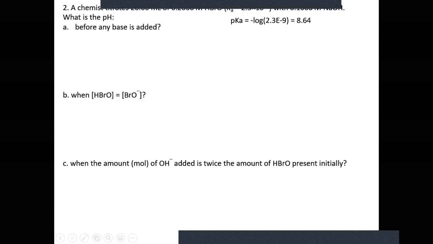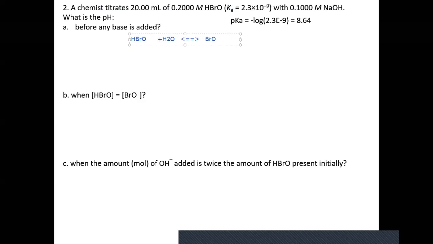Before any base is added, let's see, we're going to need this HBrO plus H2O in equilibrium with BrO minus and H3O plus. So we're going to calculate the pH of a weak acid solution.